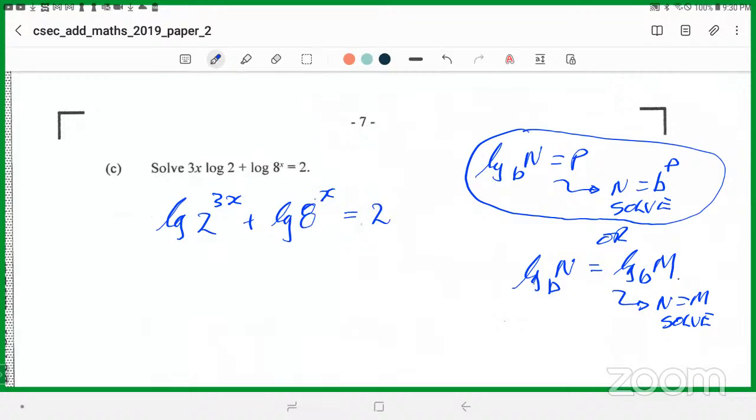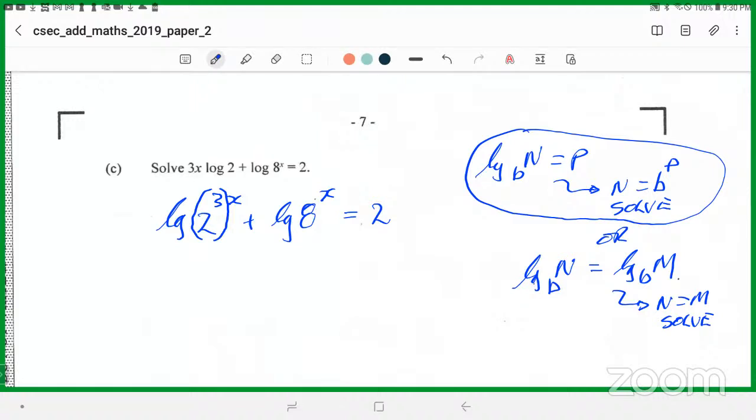And these are some indices as well. You see this power of 3x, 2 to the 3x, it means that I can break it like that, the 2 cubed. That's a law of indices.